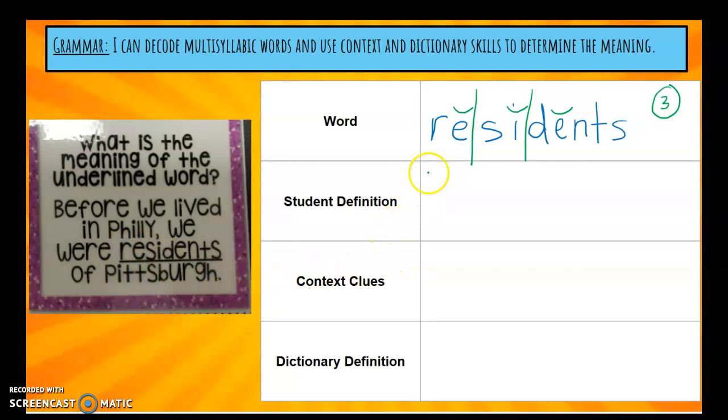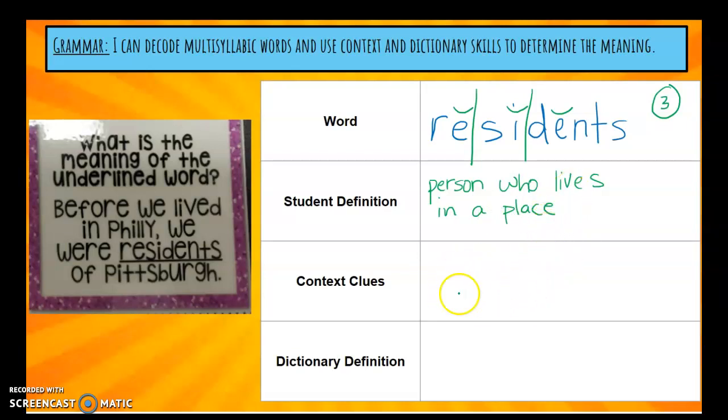So I'm thinking if you're a resident, then maybe it's a person who lives in a place, because I could say that I'm a resident of Waxahachie because I live in that place.